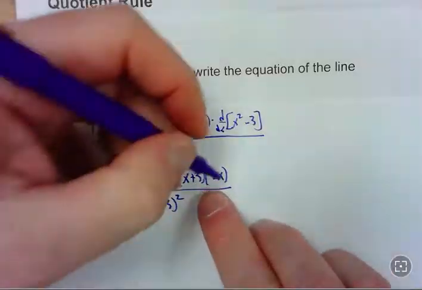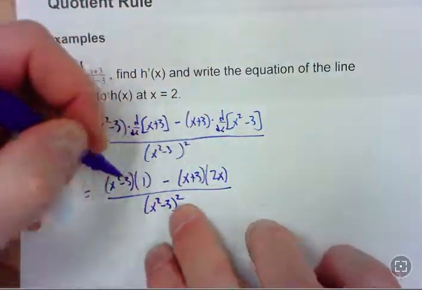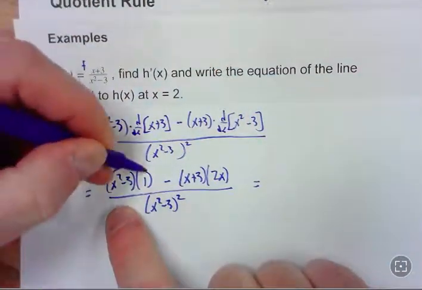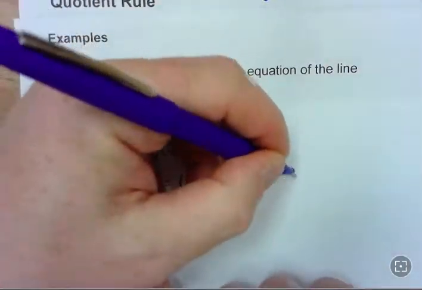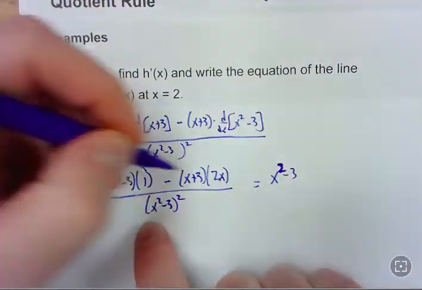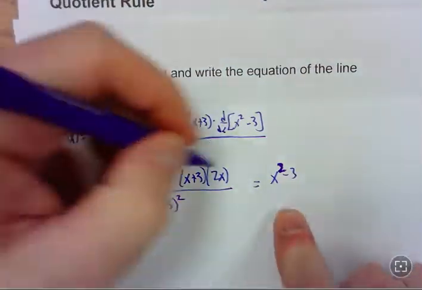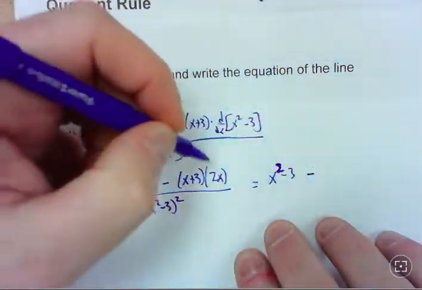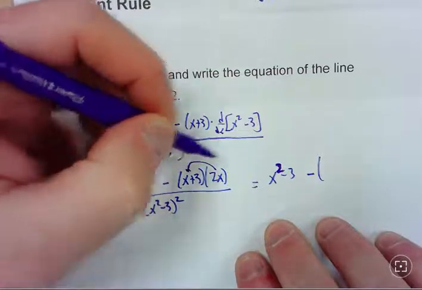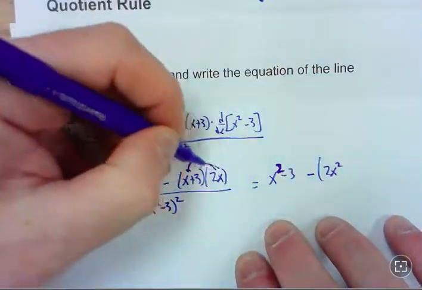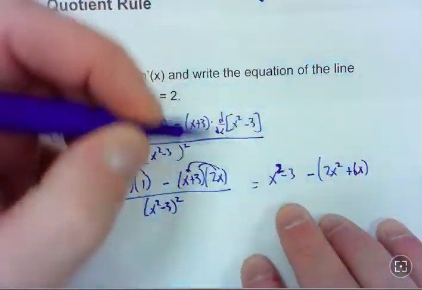And since these are pretty simple, let's go ahead and clean this up. This would be x squared minus 3, and this would be minus 2x squared plus 6x.